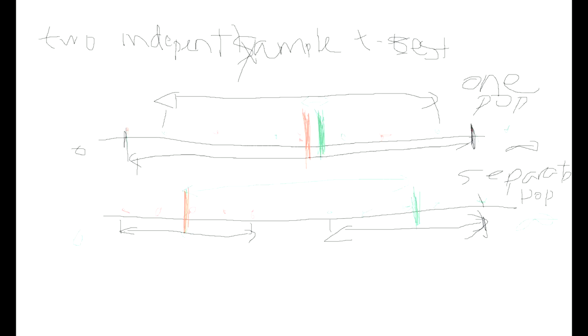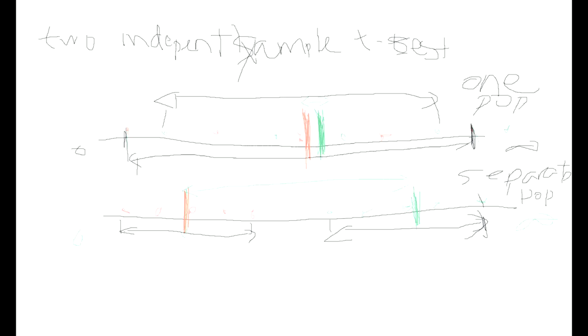Means are quite separate. So an intuitive measure of how separate groups are would be the ratio of the mean differences and a measure of the variances, called the standard error. It's related to the variance.